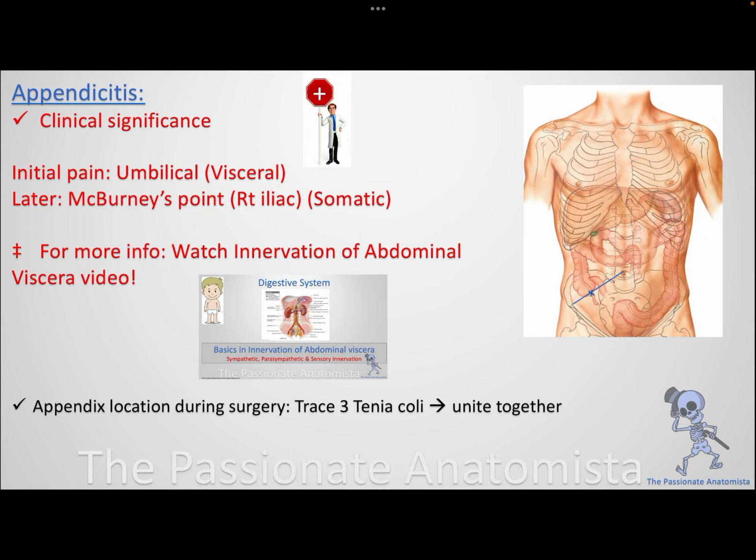appendectomy. Okay, so what is the clinical significance of the appendix? It's important to know that if we have a pain because of appendicitis, that pain would be in the umbilical region. Why?